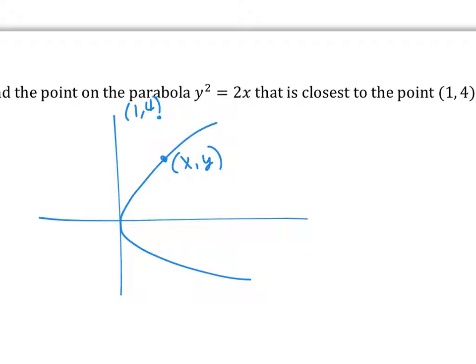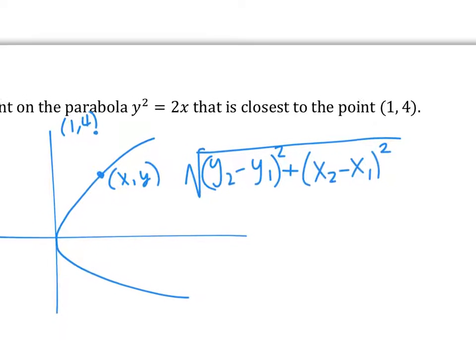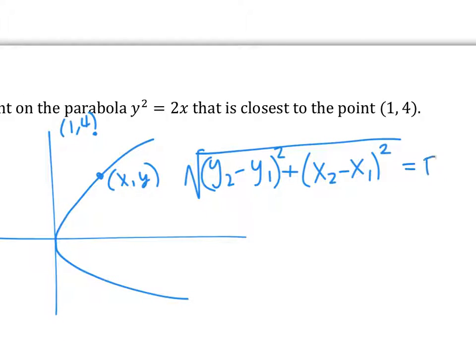It's y2 minus y1, squared, plus x2 minus x1, squared, and then the whole thing is to the 1/2. So this is the distance formula. To find the distance between 2 points, we use the distance formula.